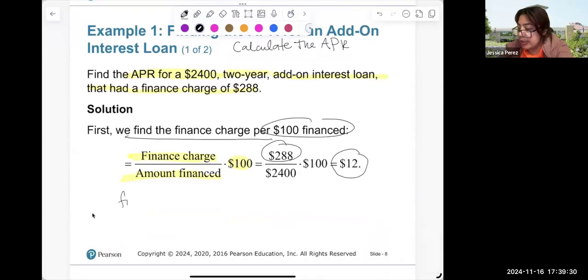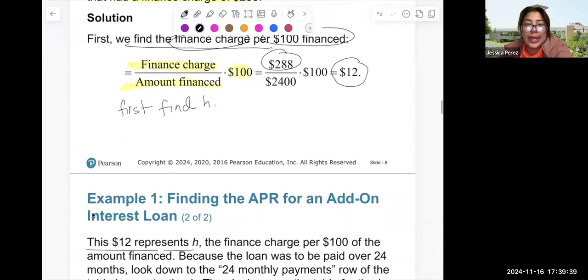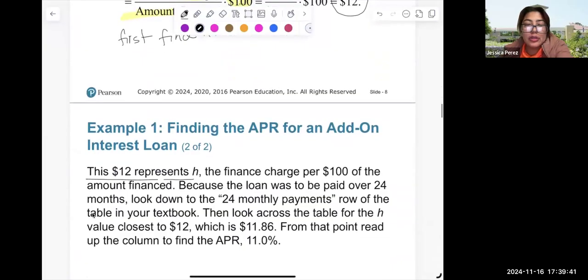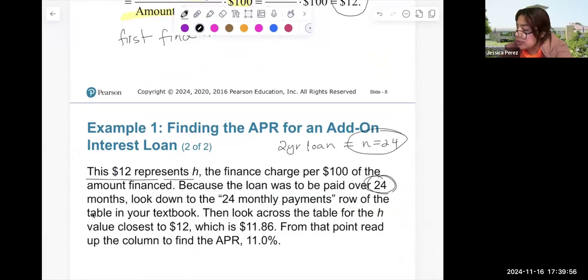So we first find the finance charge per $100, which is H. We haven't found the APR yet. H is equal to 12. Because the loan is paid over 24 months, remember, this is a two-year loan, N is equal to 24 monthly payments.